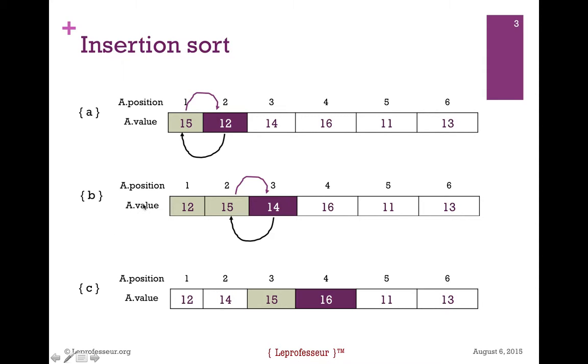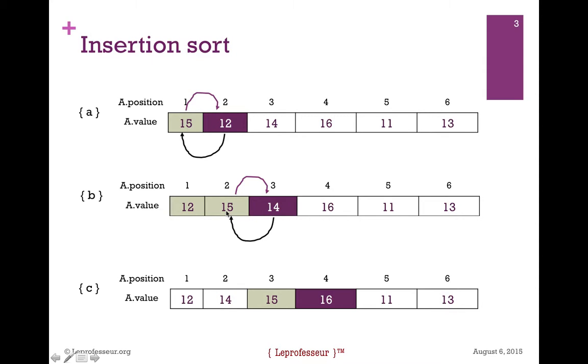We find that we have one more position to go backward, so we compare the number stored at position number 1 with the number 14. We find that 14 is bigger than 12. So at this step we found the position of the 14, and we insert 14 at position number 2. So position number 2 contains 14 and position number 3 contains 15, and we end our inner loop.